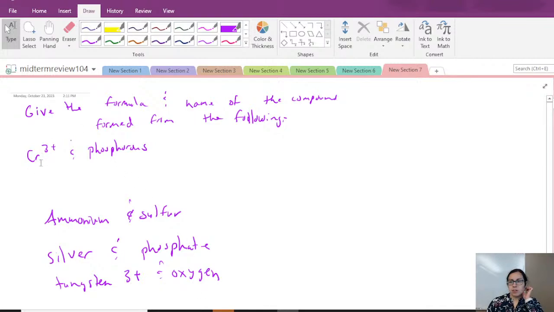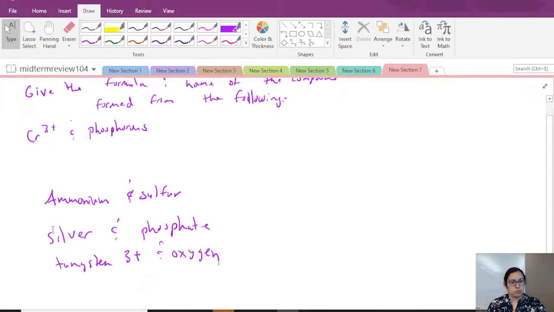And this one is chromium 3 plus up top. I'll squeeze one more in there, so phosphorus and sulfur, except I'm going to give you more hints.